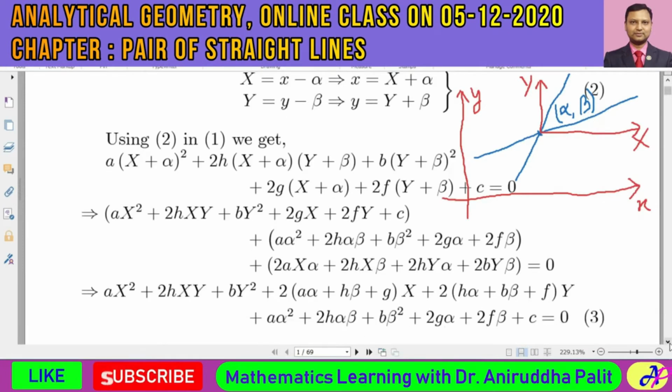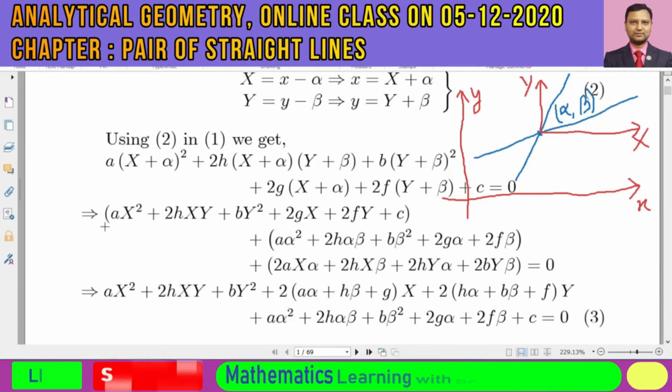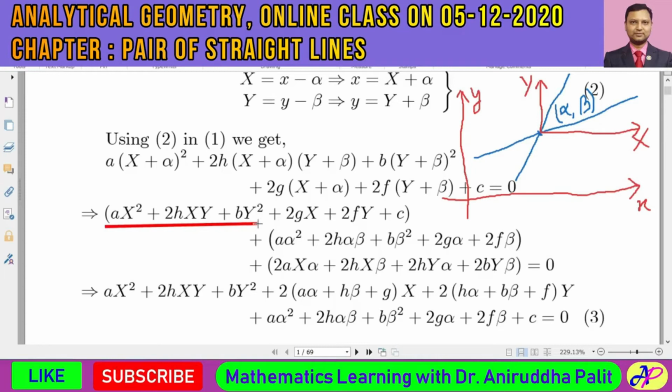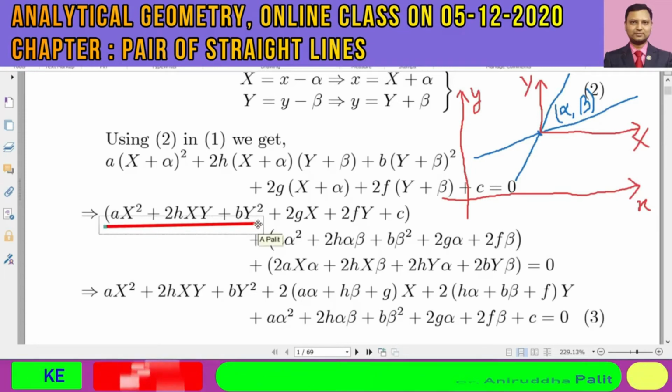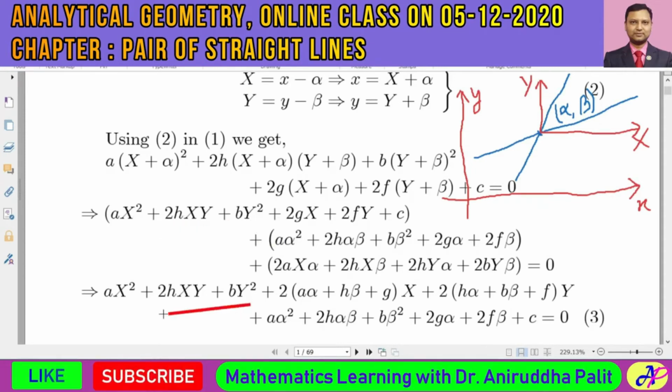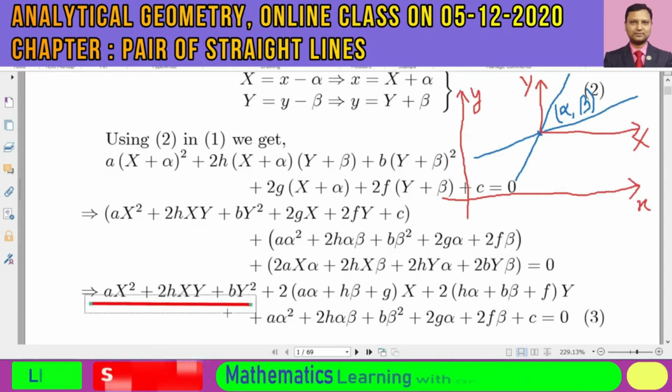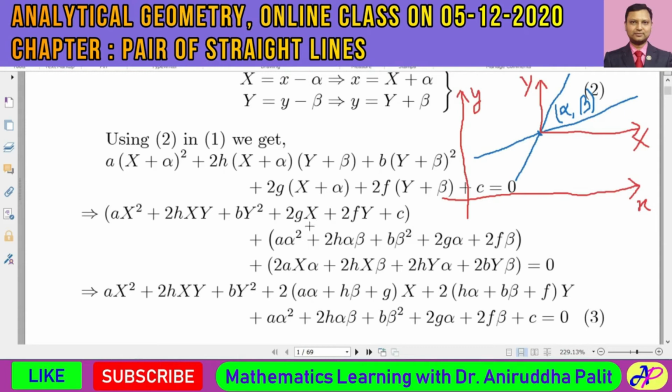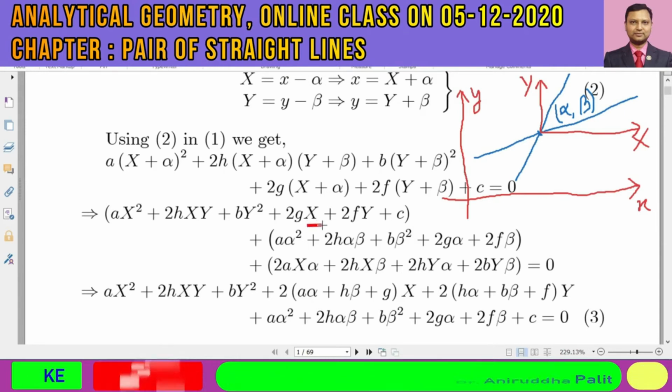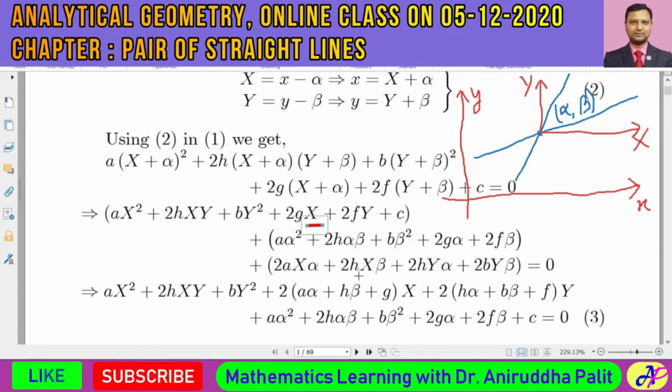Now we arrange them in this fashion. You see, this is the purely second degree term in capital X and capital Y. We have written them in this way, keeping them separate. Now we extract the coefficient of capital X from these terms.